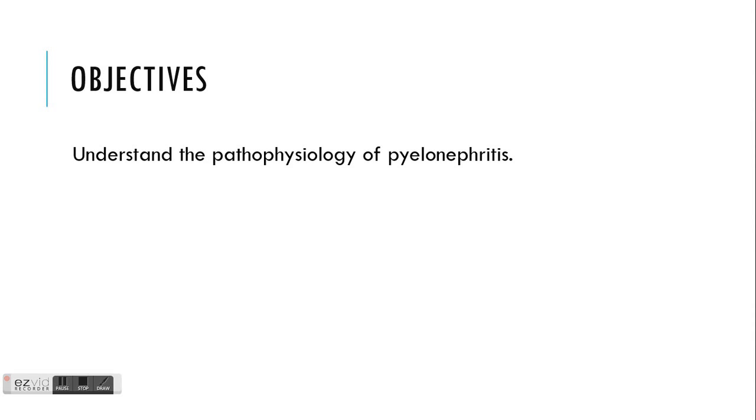So our objectives today are to understand the pathophysiology of pyelonephritis, how it actually affects the kidneys, and how the infection is allowed to travel up into the kidneys. We'll identify the causes of pyelonephritis.